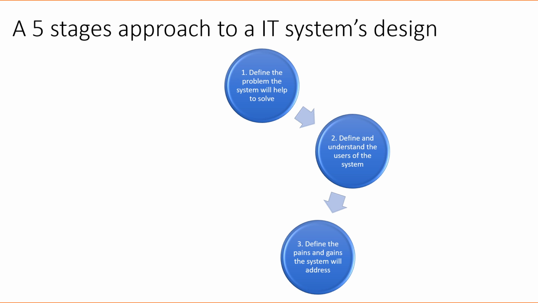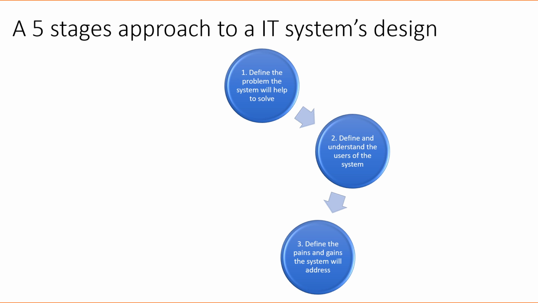The third step is defining the pains, which you already started in step number 1, and continued in step number 2. But in step number 3, you need to define how the system will solve the pains of the customer.